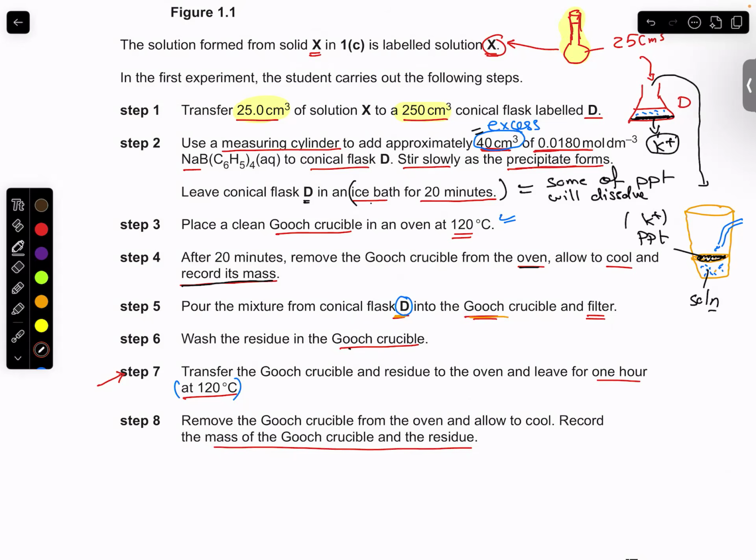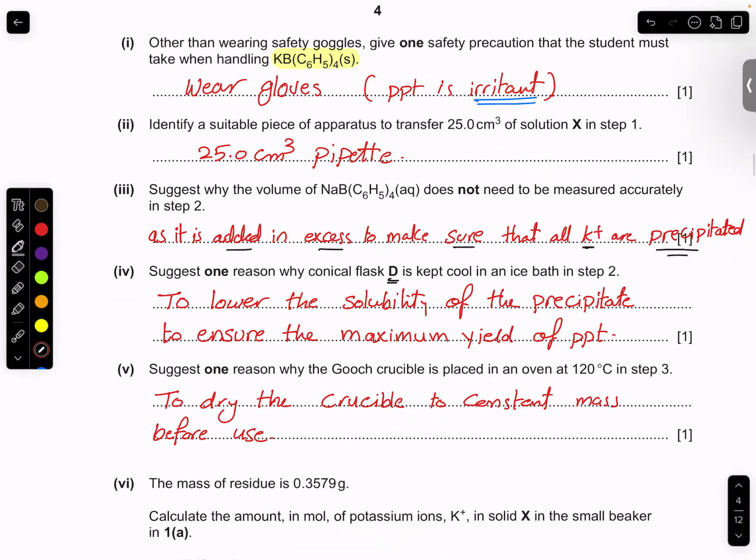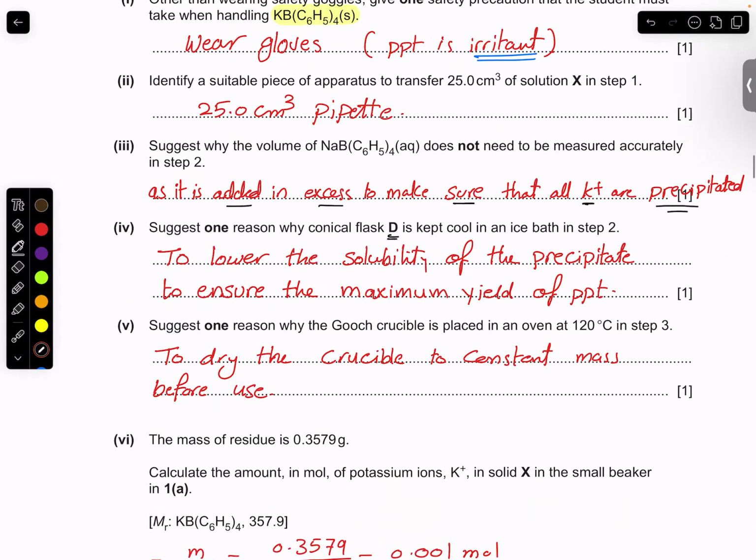So when we lower the temperature, we make sure that no precipitate will dissolve in the solution again. Especially since the precipitate contains potassium ions, some of it may dissolve at higher temperature. So this is why we lower the temperature, to lower the solubility of the precipitate and make sure that we get the maximum yield.